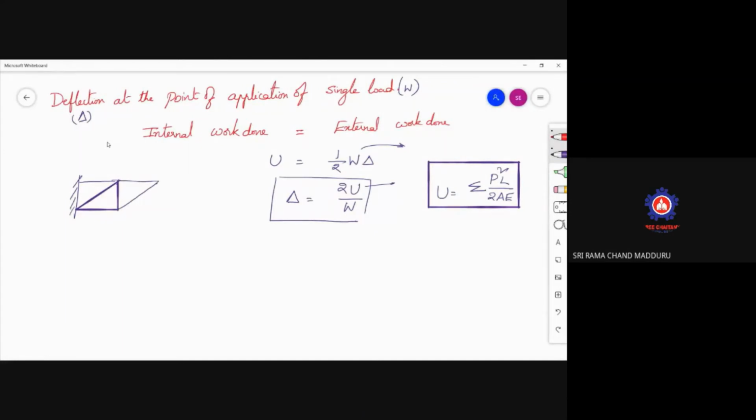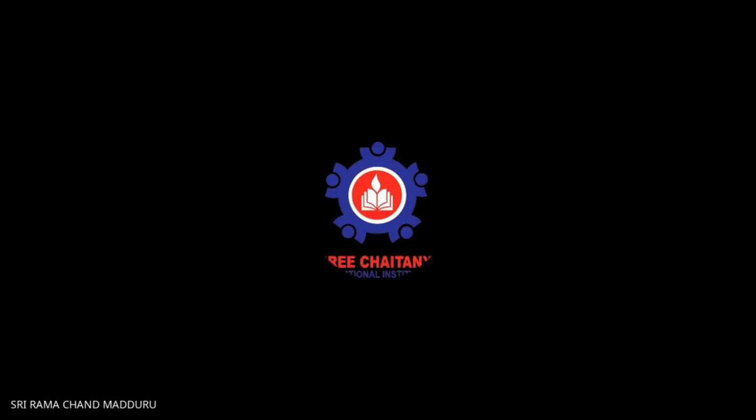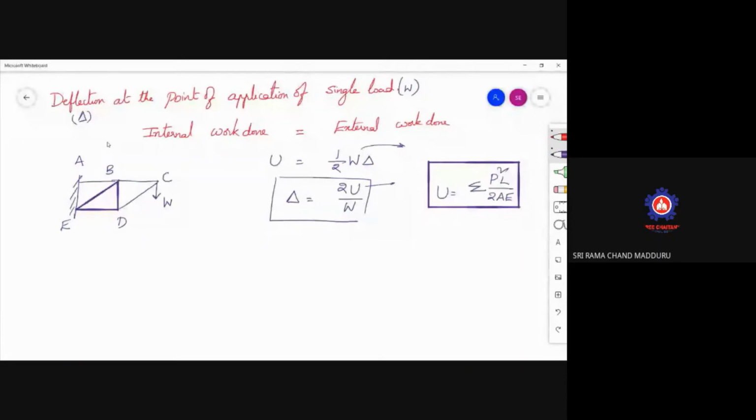So this is also applicable for pin jointed perfect frames. Here a load is acting, something like W. And I would like to calculate what is the deflection at this point. This is A, then this is B, this is C, and D. Now, how to calculate the deflection delta C?